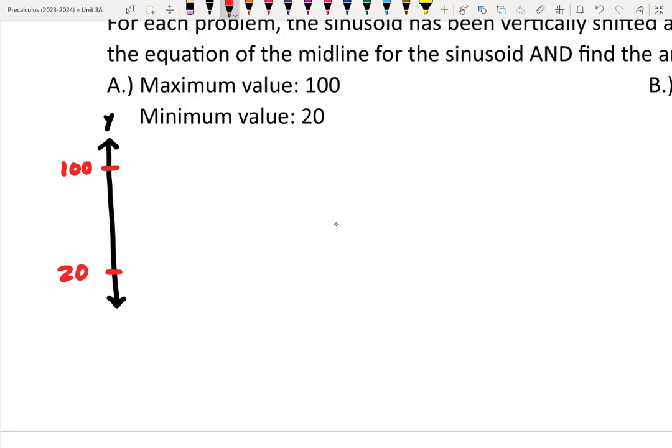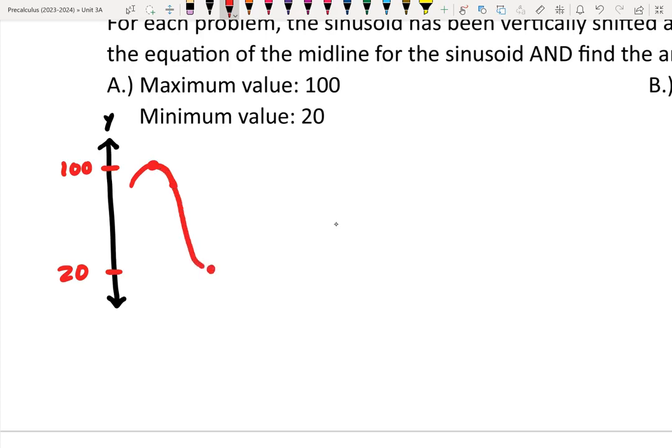So 100 is going to be a maximum value, so I'm just going to put a point up there. And then I know my sinusoid is going to be coming up to that point and then starting to go back down. And what is it going to go down to? To 20, right? So I have that minimum value down here.